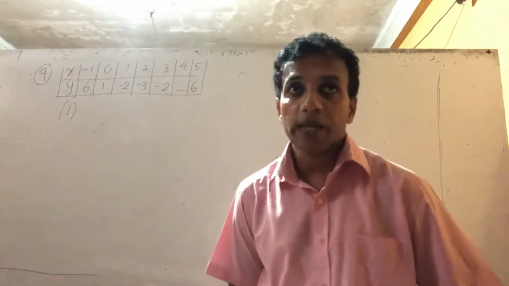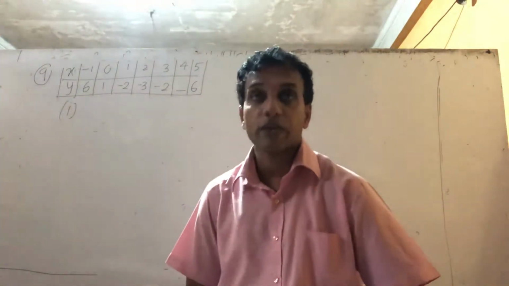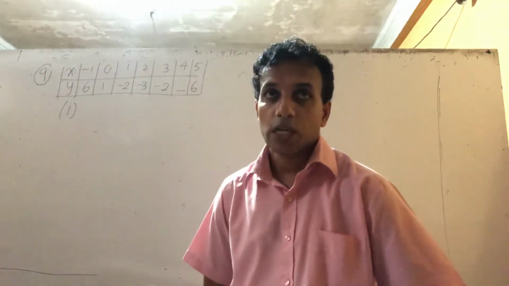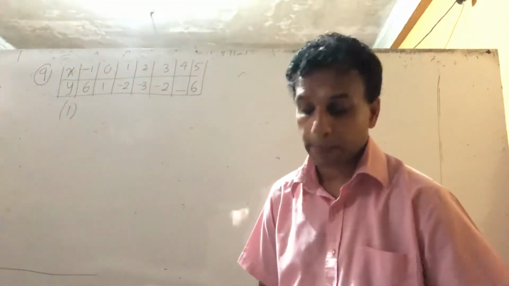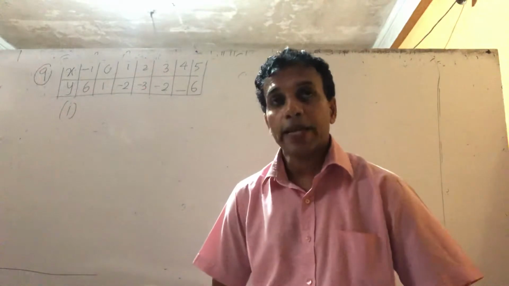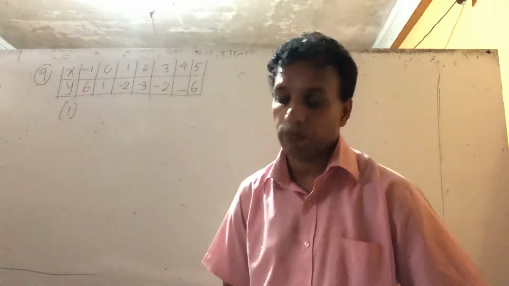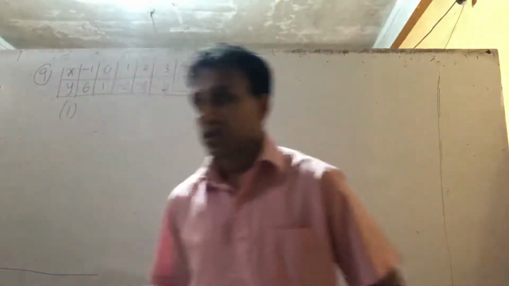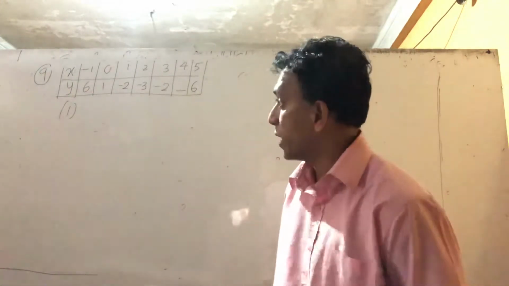By considering the symmetry of the quadratic function, obtain the value of y when x equals 4. This is the first part. Those who use my old videos in order know well how to answer such a type.